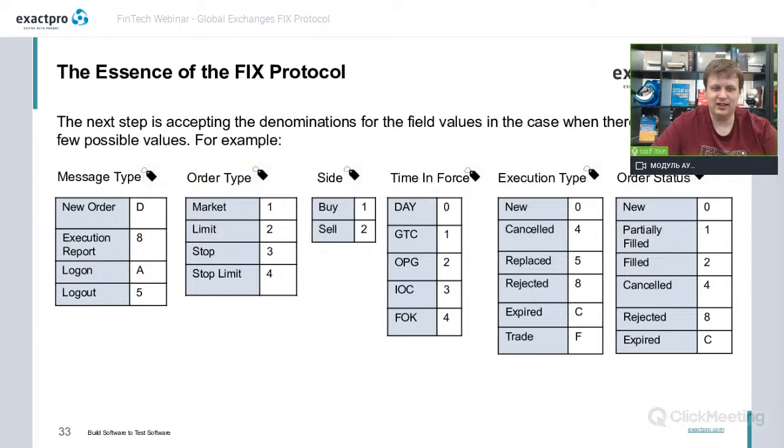For example, 1 goes for market, 2 goes for limit, etc. Buy and sell orders: 1 stands for buy, 2 stands for sell. Time in force, once again, orders that are good for today, time in force equals 0. Orders that are good until cancellation, time in force equals 1. Orders that are fill or kill, time in force equals 4.